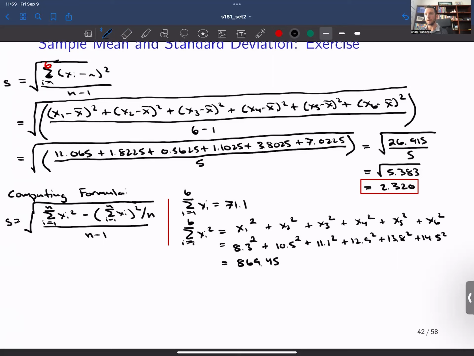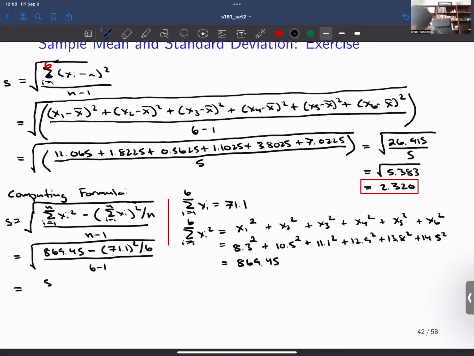Okay, so now all we have to do is plug these values into our computing formula. So we're going to have 869.45 minus 71.1 squared over 6, divided by 6 minus 1, and then we take the square root. And then we are going to have the difference between these two values.